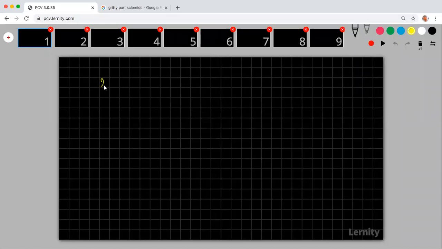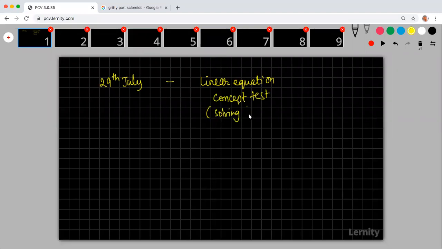So 29th July, you will have linear equation concept test, which will be like solving linear equation in two variable.